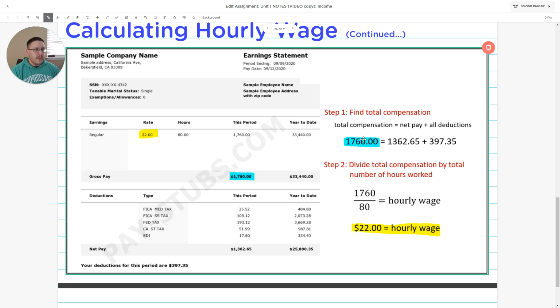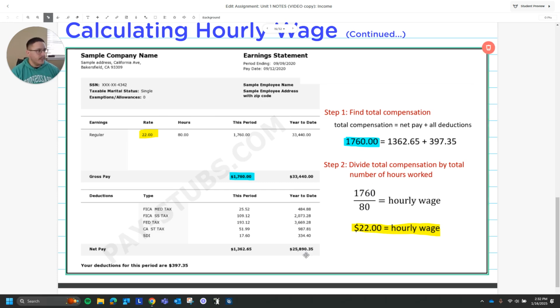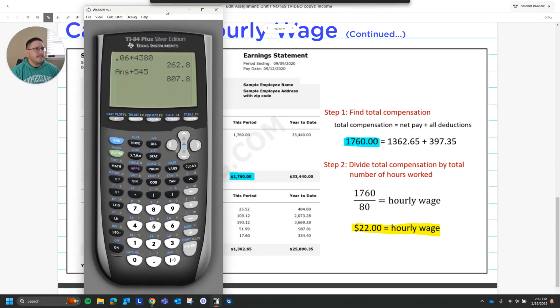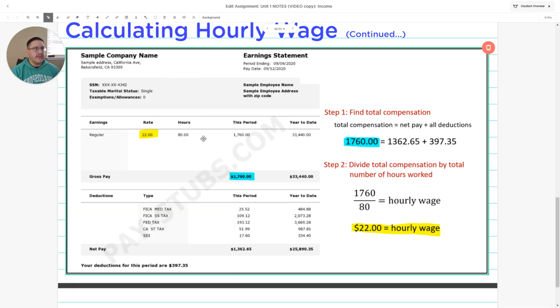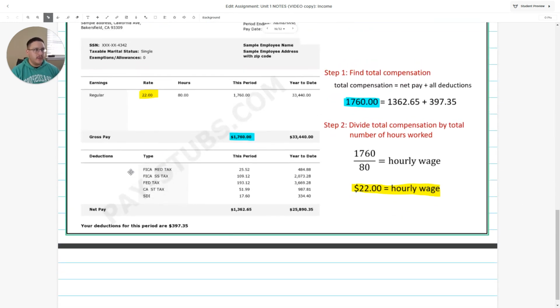Now, from here, we know the amount of hours that we worked is 80. So to find our hourly wage, we simply divide the two. So $1,760 divided by 80 will be $22 per hour, which is our hourly wage. So this is how we find hourly wage.